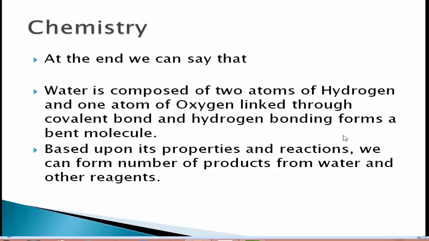Based upon its properties and reactions, we can form a number of products from water and other reagents, because now we are well aware of the physical and chemical properties of water. After knowing its chemical nature and physical behavior, we can easily form its products by reacting it with other reagents.